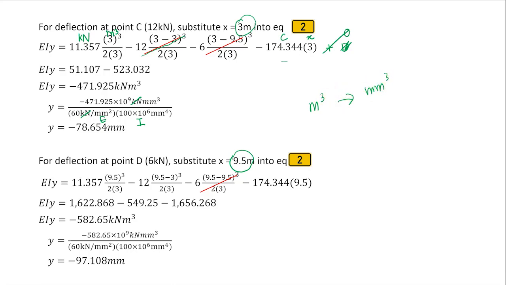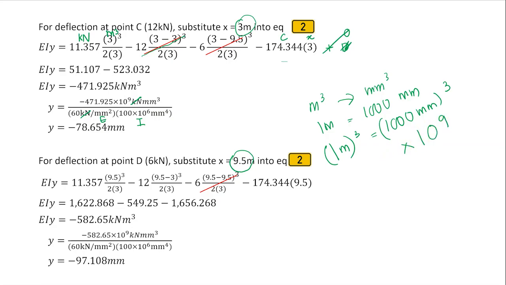Macam mana you nak buat? So 1 meter sama dengan 1000 millimeter. Kalau 1 meter cube, maksudnya 1000 millimeter ni you kena cube kan lagi. So that's why darab dapat 10 kuasa 9.